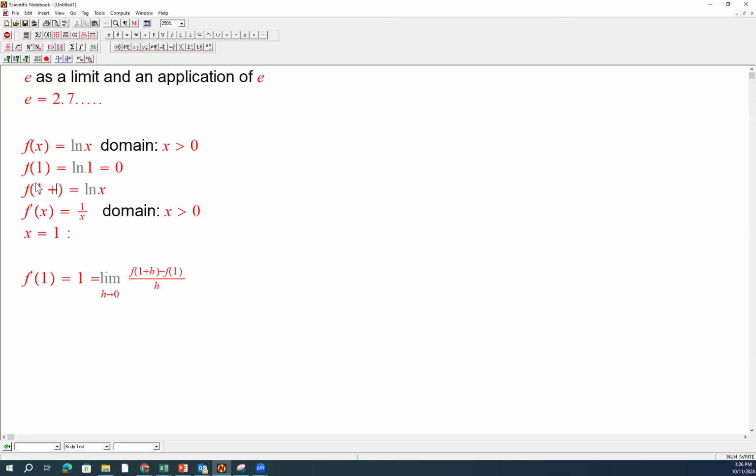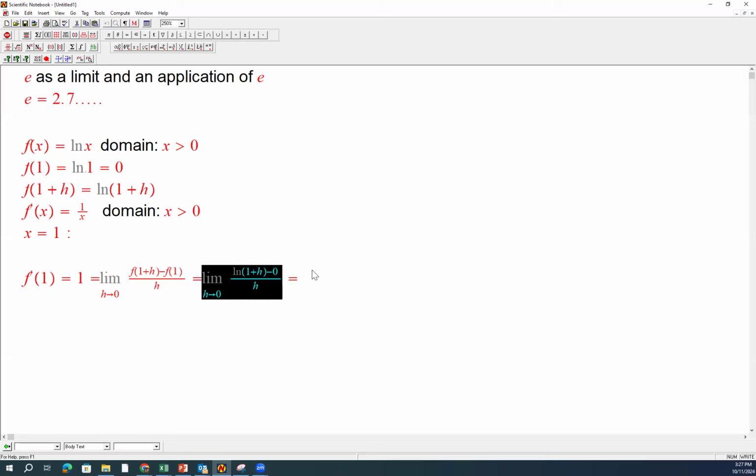For f of 1 plus h, x is replaced by 1 plus h, so that's ln of 1 plus h. Substituting into this limit, f of 1 is 0, and of course, we can omit it.